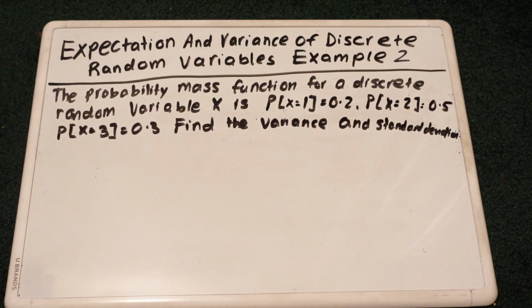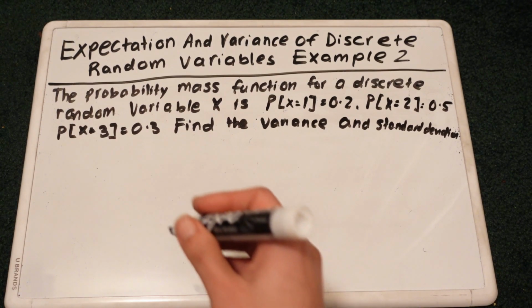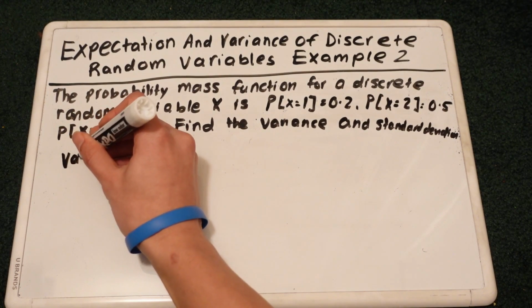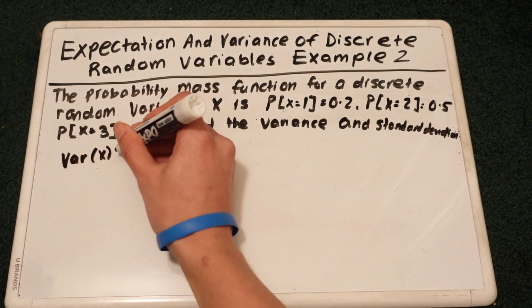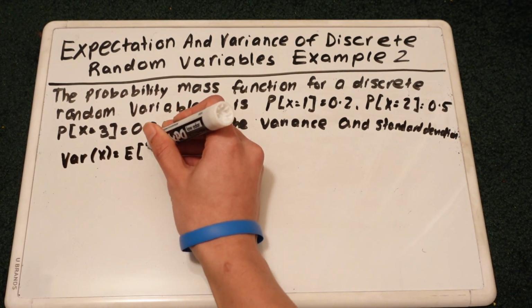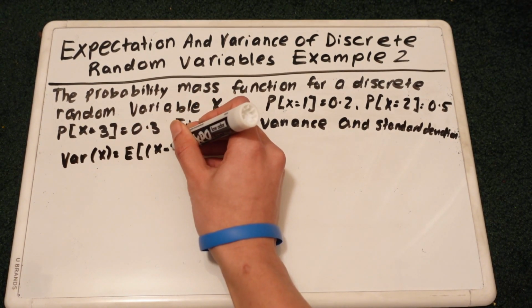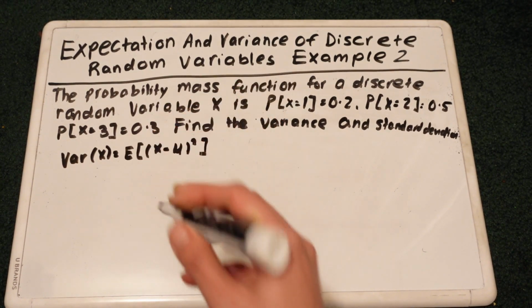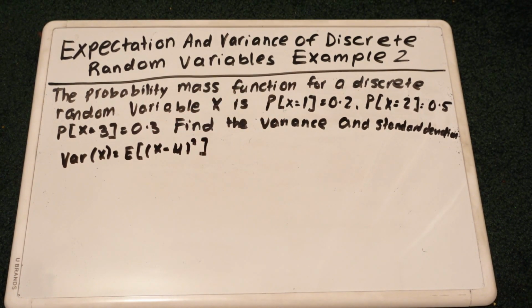So we have to figure out what the variance is. First, let me write down the formula for the variance. It would be Var(X) = E[(X - mu)^2], if X is a random variable with mean mu.